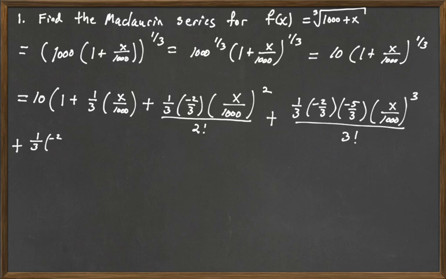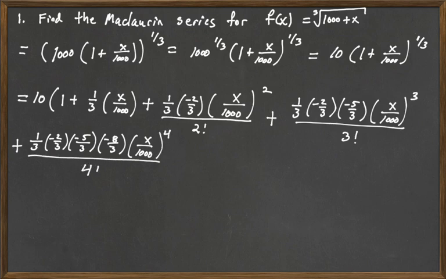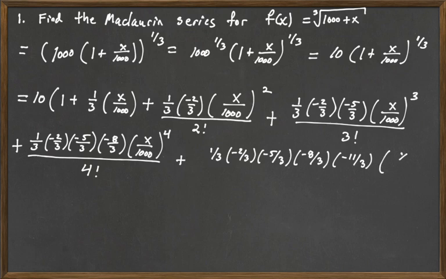So here's r, (r minus 1), (r minus 2), (r minus 3), and then x to the fourth power, all over 4 factorial, and maybe one more: r, (r minus 1), (r minus 2), (r minus 3), (r minus 4), and then x over 1,000 to the fifth power, all over 5 factorial, and then this pattern is going to continue. Okay, we'll close our parentheses here.